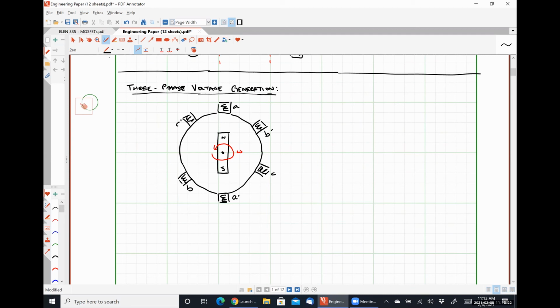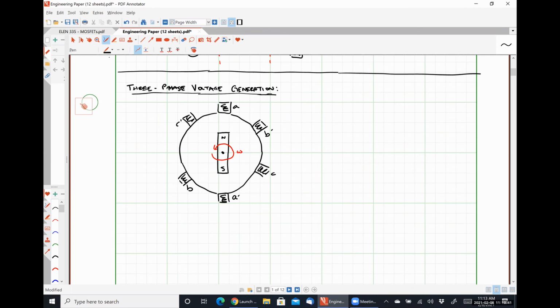Then the flux through coils B and B prime will be at their highest value. Spin it another 120 degrees, the flux through C and C prime will be at their highest value, and so forth, and so forth, and so forth.